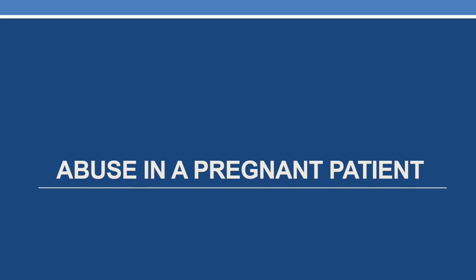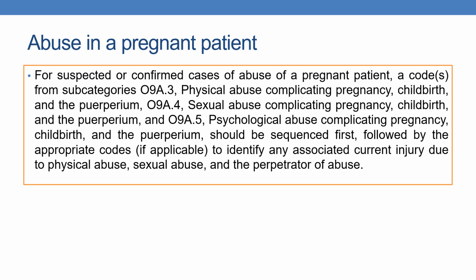Now coming to the next category, that is abuse in pregnant women or pregnant patient. For suspected or confirmed cases of abuse of a pregnant patient, a code from the subcategory O9A.3 to indicate physical abuse, O9A.4 to indicate sexual abuse, and O9A.5 to indicate psychological abuse complicating pregnancy, childbirth and puerperium should be sequenced first.